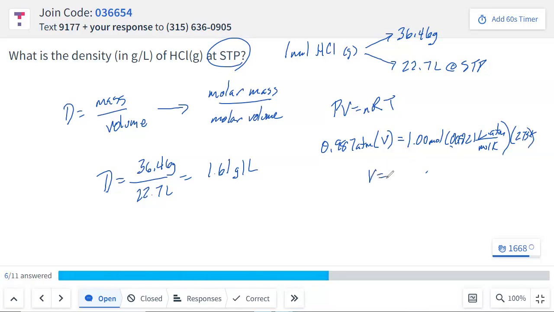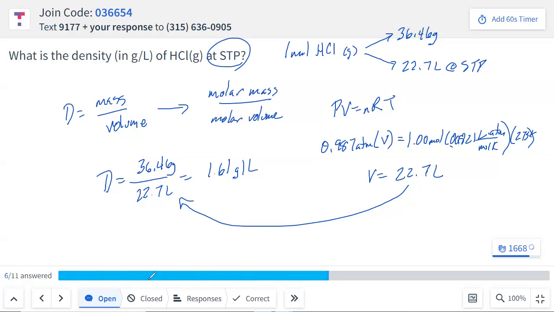Well, if I solve that for volume, 1 times 0.0821 times 273 divided by 0.987, I'm going to get 22.7 liters, which I can then put into that denominator there and solve it out.